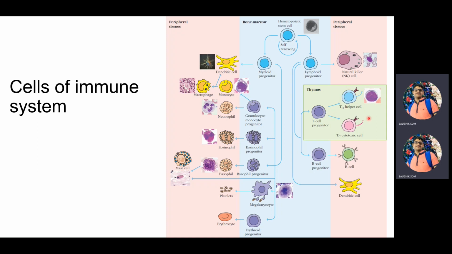T helper cells help in activating the immune system. However, the cytotoxic T cells, or CD8 plus T cells, help in killing infected cells or any kind of damaged cells. Whereas the main function of B cells is to produce antibodies. There can be surface antibodies as well as circulating antibodies. So these are mainly the cells of the immune system.